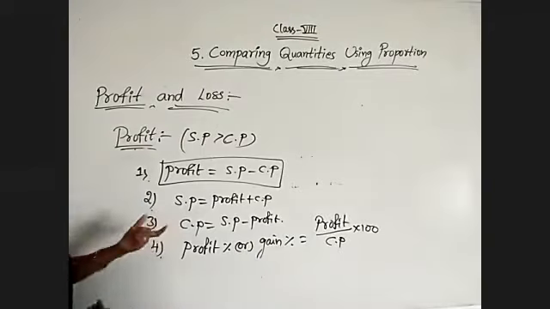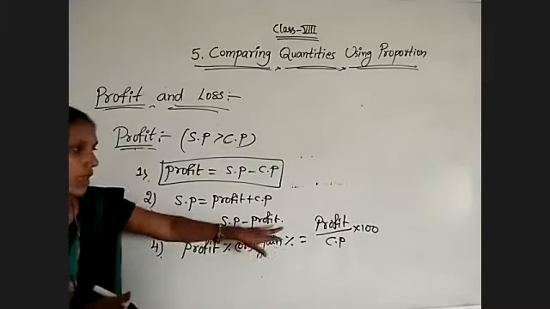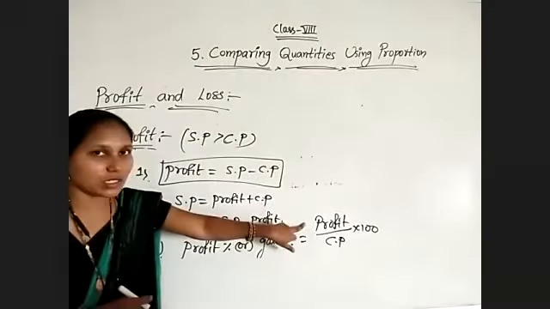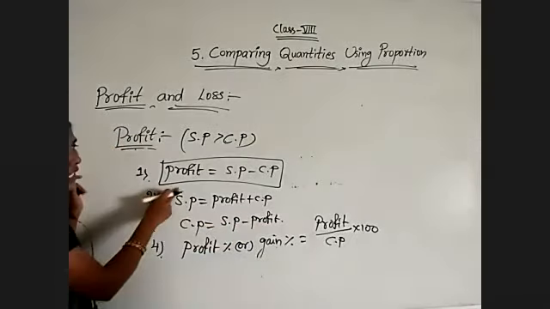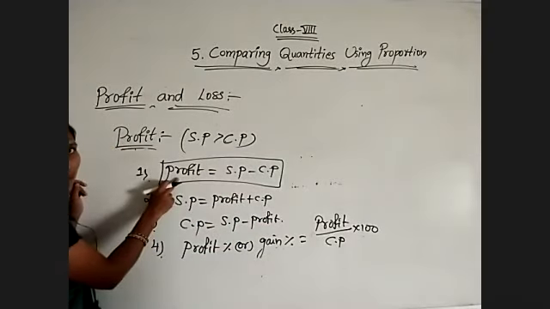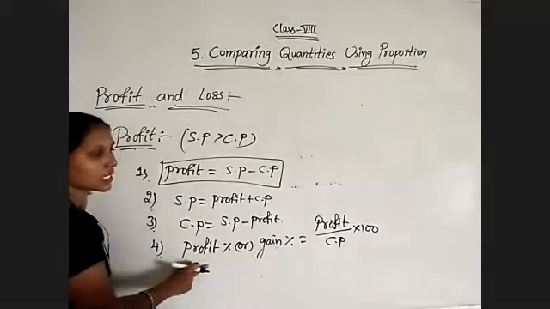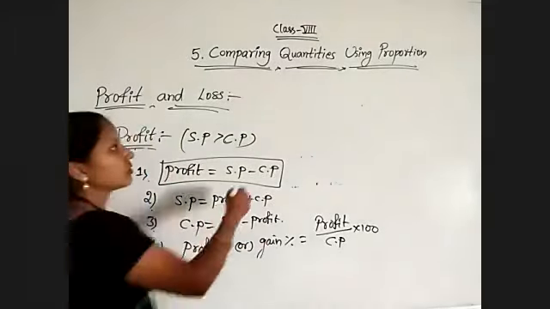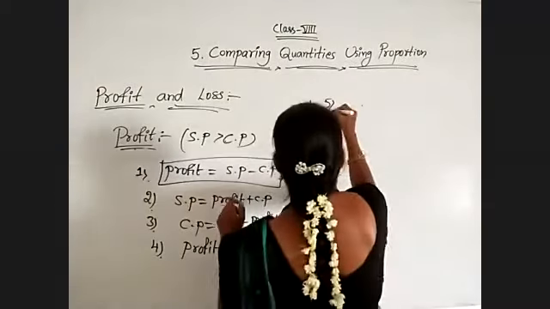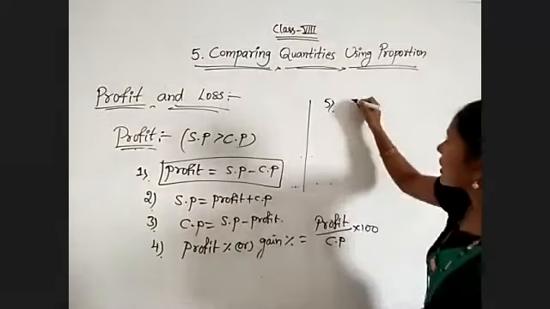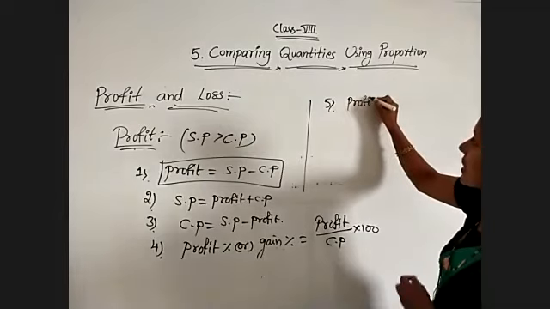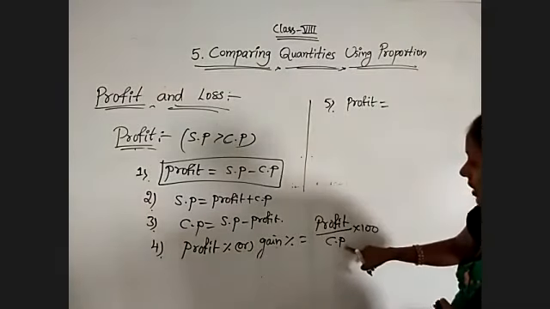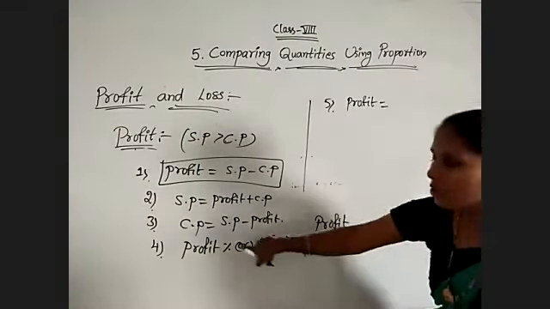From this, I want to write the profit formula. When SP and CP are given, this is the profit. When profit percentage and CP are given, what is the formula for profit? Here, the fifth formula: profit in terms of profit percent is equal to CP by 100 into profit percent.